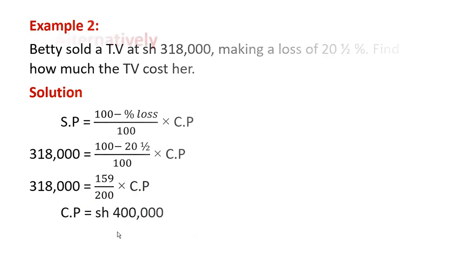Alternatively, we can use the formula for the cost price. That is, cost price is equal to 100 divided by (100 plus or minus x) times the selling price. It is a minus when it is a loss, a plus when it is a profit. Since Betty made a loss, we are going to have a minus, so we shall use minus the percentage loss.